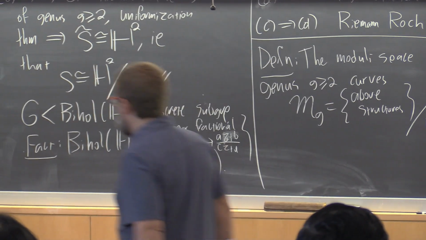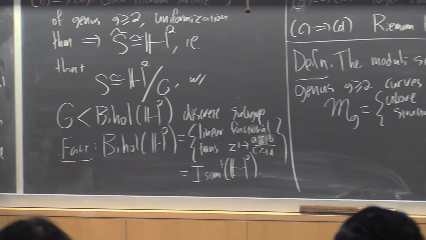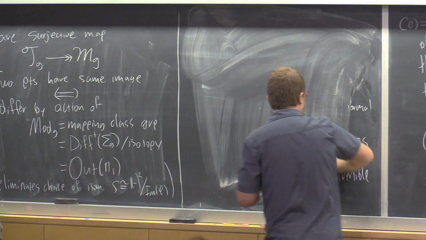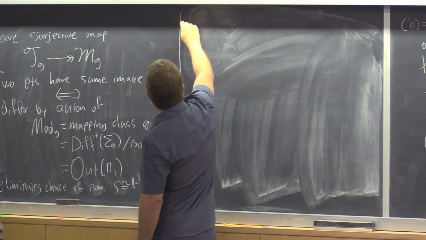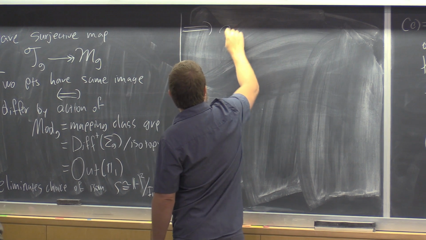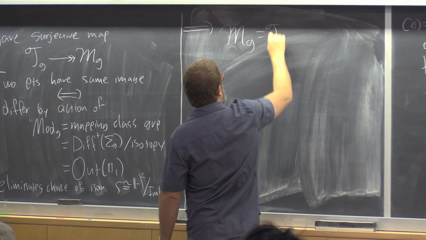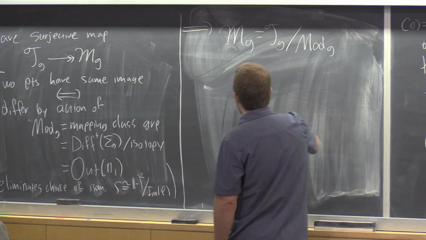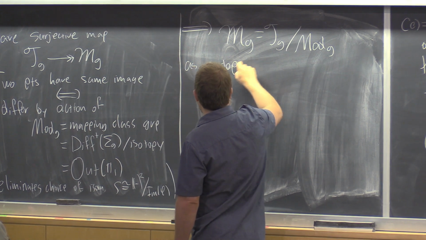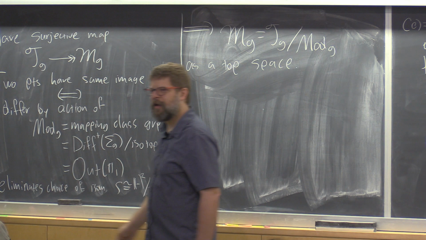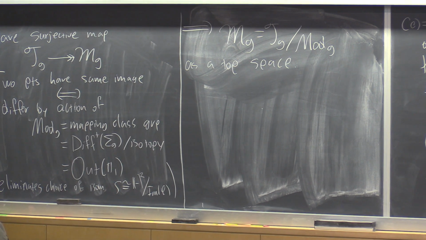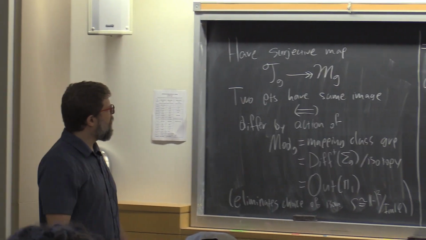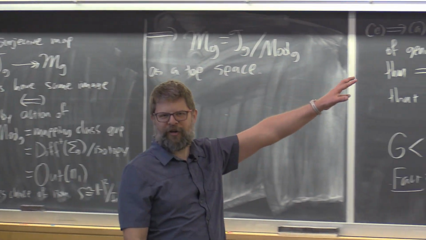In other words, M_G is equal to T_G modulo the mapping class group, as a topological space. As I said, eventually it can be turned into a variety defined over Z, and it certainly has a complex structure and lots of properties. But if you just care about its topology, this is a strictly topological construction.